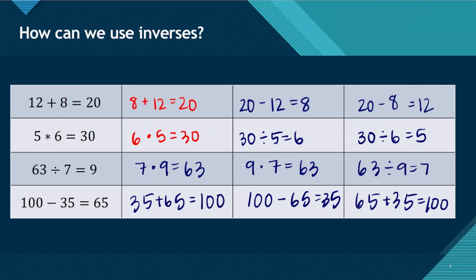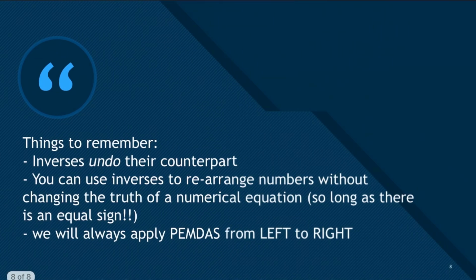Because of the equal sign, that's why we were mainly able to use the inverses. And we will always apply PEMDAS from left to right, even with inverses. That doesn't change anything. PEMDAS already accounts for that. It already has multiplication and division together and addition and subtraction together because those are inverses of each other.